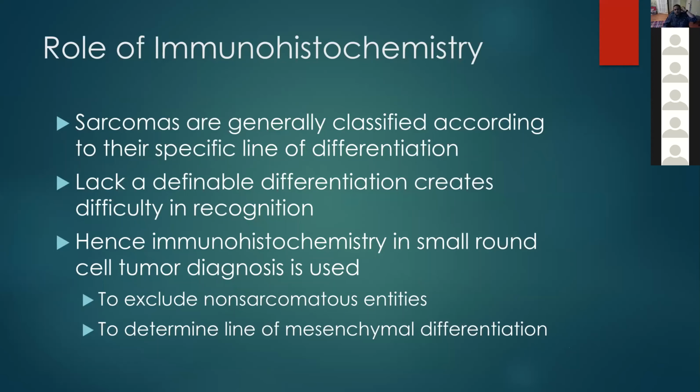So immunohistochemistry in small round cell tumor diagnosis is absolutely critical to distinguish sarcoma versus non-sarcoma, and I showed you a flow chart, if you remember, in the beginning of the presentation, that can help you distinguish between lymphoma, non-lymphoma, sarcoma, non-sarcoma, or carcinoma and sarcoma. And then if it's sarcoma, then you go to rhabdomyosarcoma or synovial sarcoma, etc., etc. So you do need immunohistochemistry to even begin with.